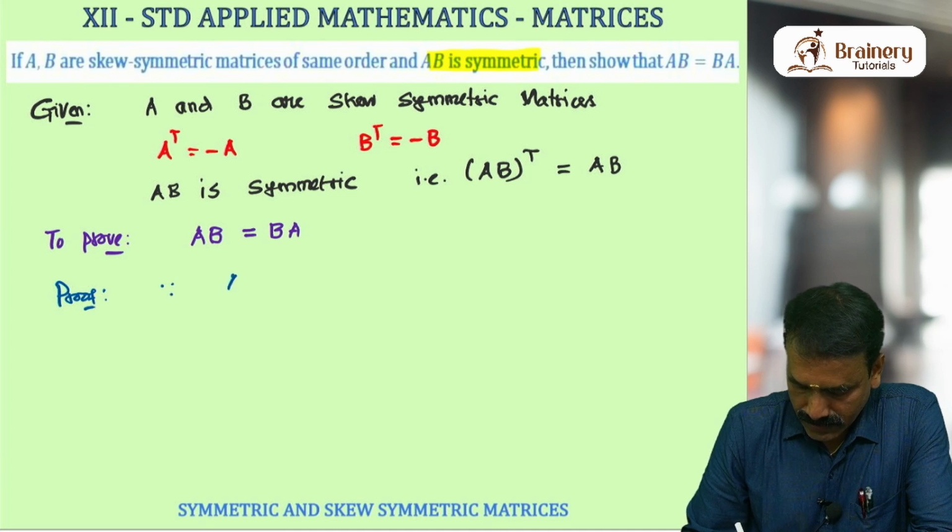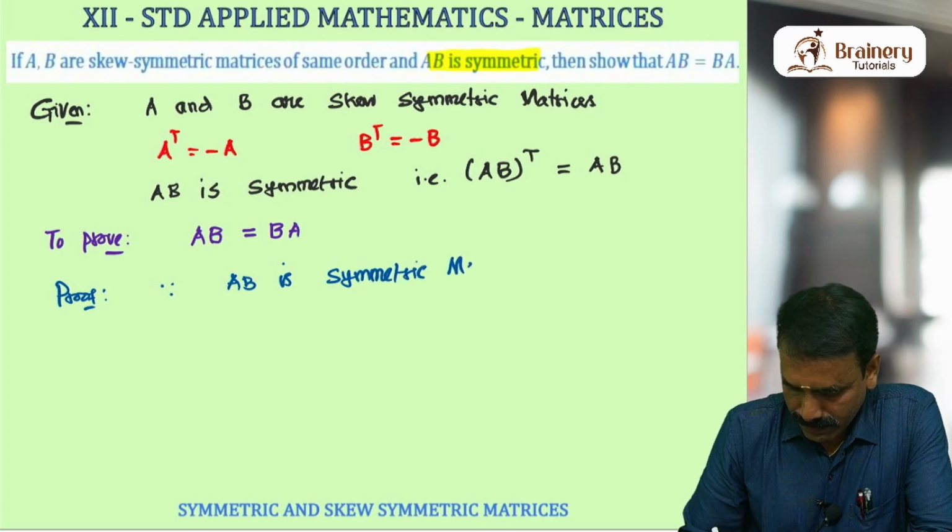Since AB is a symmetric matrix, AB whole transpose will be equal to AB itself.